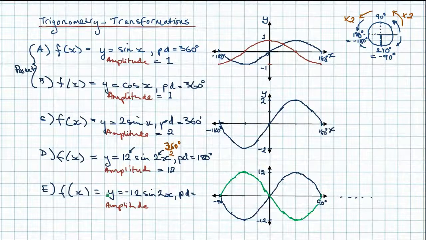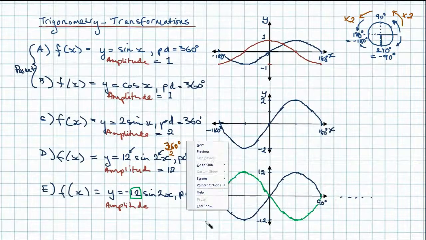So you need to look out for several things when you're given problems like this. First of all, you need to have a look at this term here, because that's going to give you the amplitude.